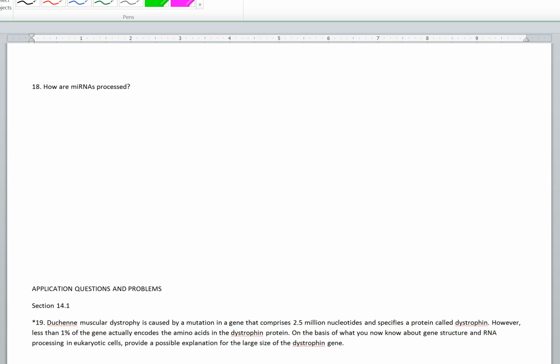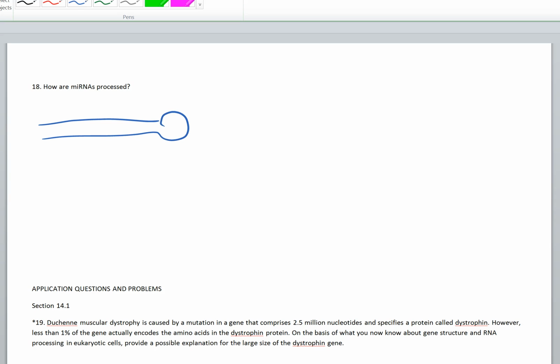Basically, this isn't all that important. It's made as a longer double-stranded RNA like that.